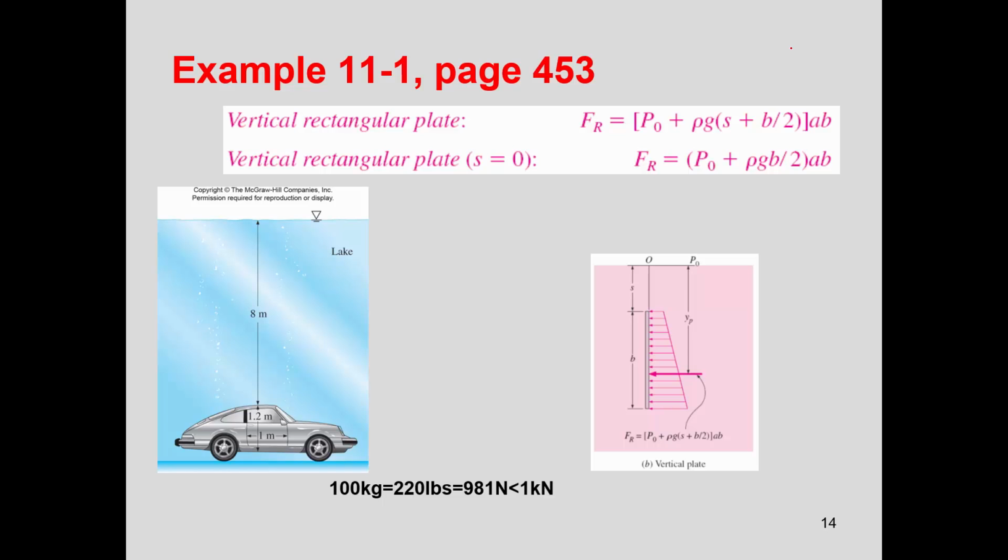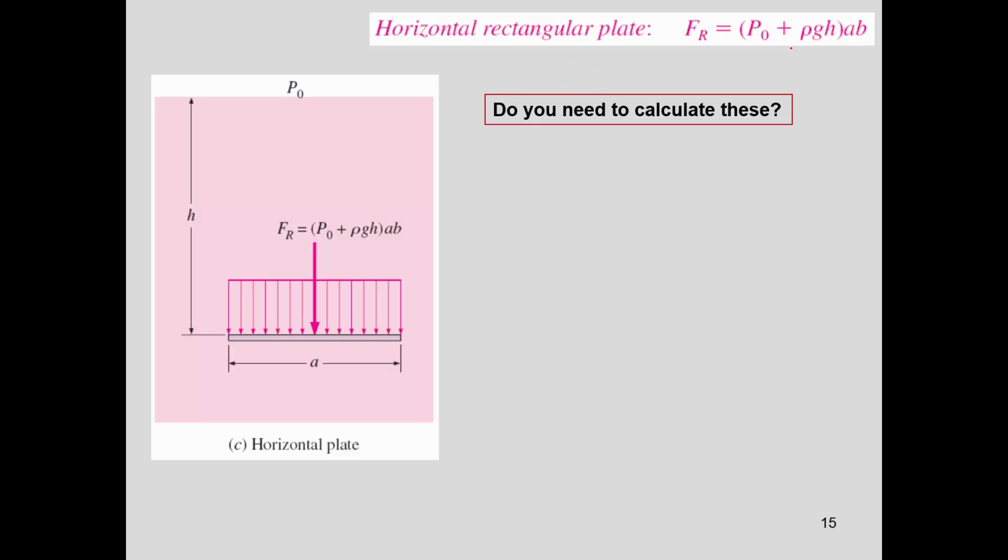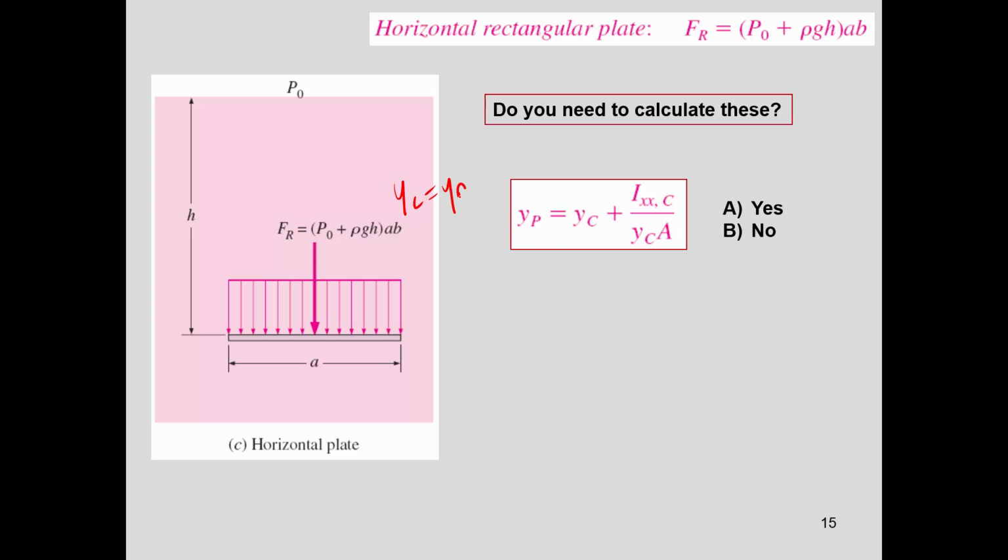This is an example from a previous book. It's important that you remember this is from thermofluids, so review those concepts. In the case of a horizontal plate, you don't need to calculate YP because this is the location of the centroid, and YP is the same because it's based on the depth.